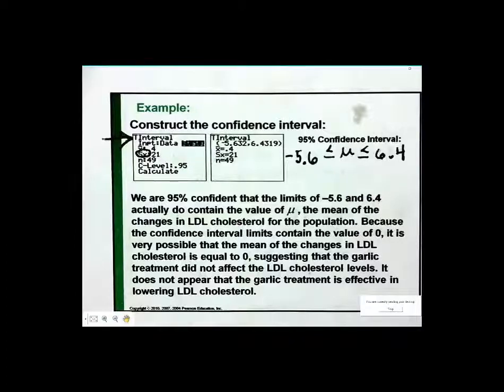This is the change. Where does it say change? That's the change in cholesterol. So some folks' cholesterol went down 5.6 points, but some people's cholesterol actually went up 6.4 points. So this is not what their cholesterol level was. This is how much it had changed.